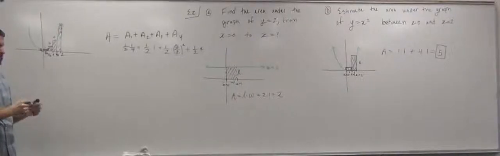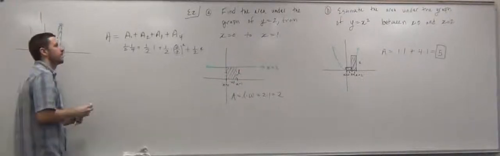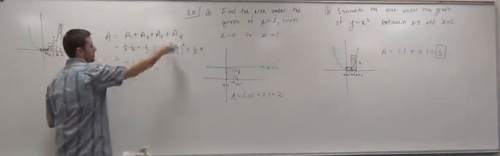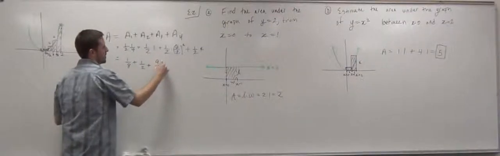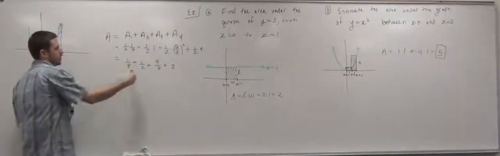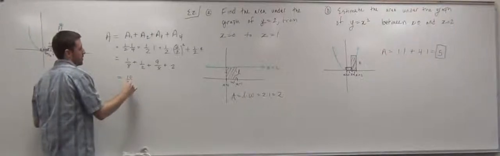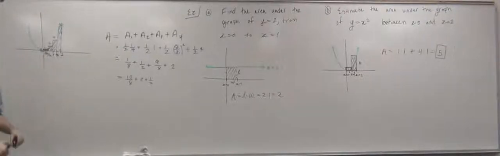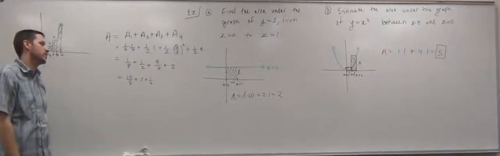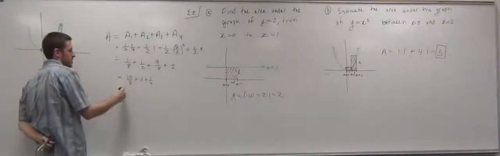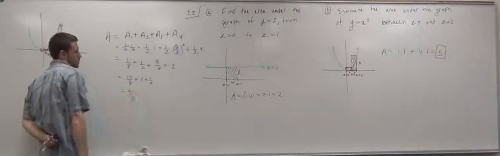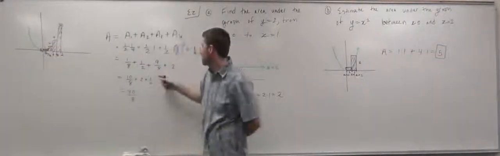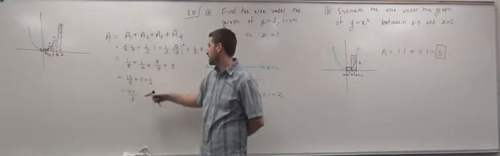Let me calculate out what this is. So 1/8 plus 1/2 plus 9/8 plus 2, 10/8 plus 2 plus 1/2.